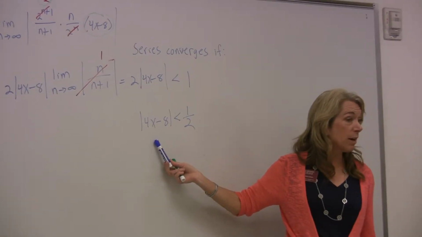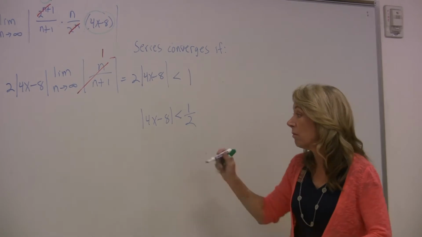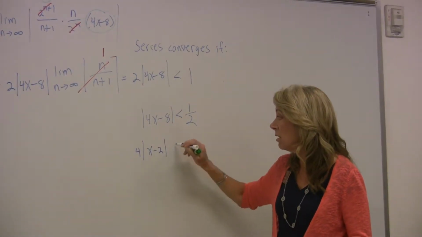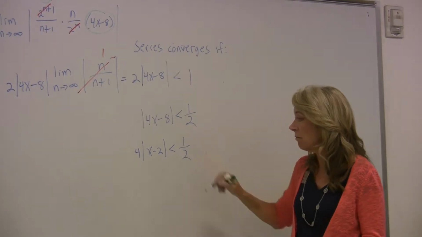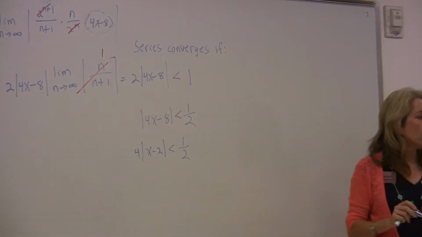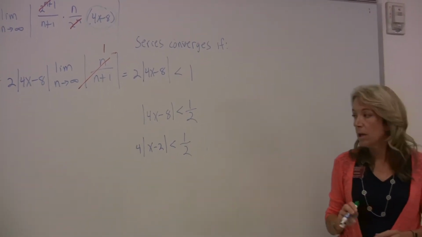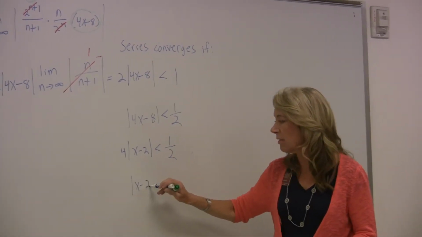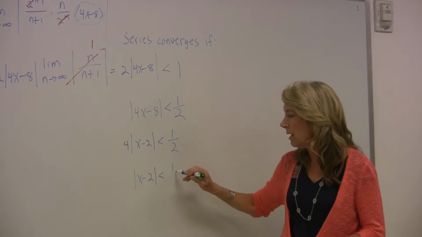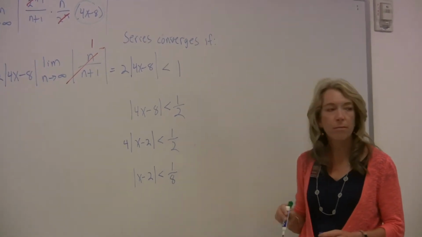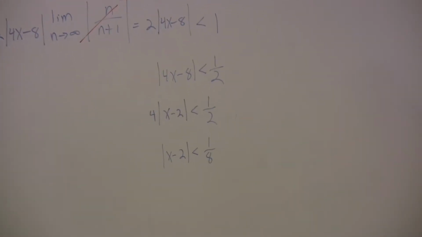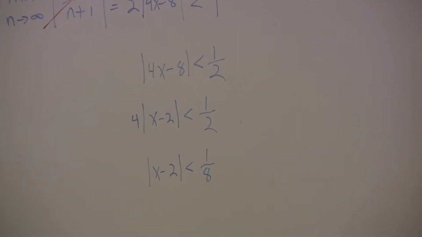You guys okay with that? 4 times x minus 2 is less than 1/2. The whole goal here is to isolate the absolute value. So I'm going to divide by that 4. Absolute value of x minus 2 is less than 1/8.